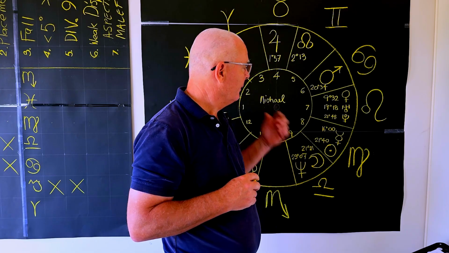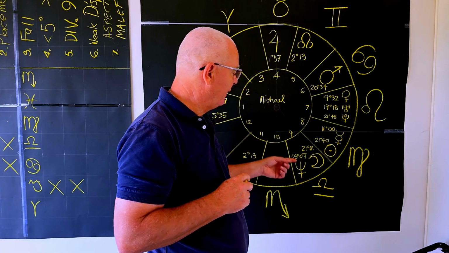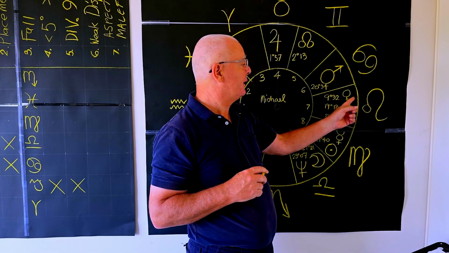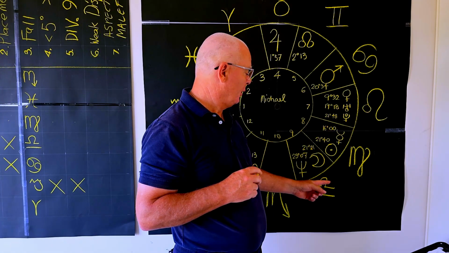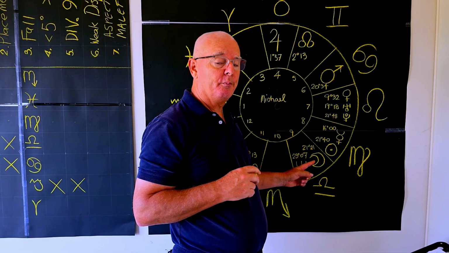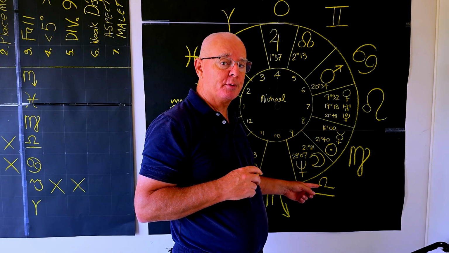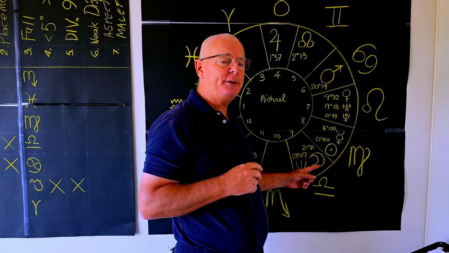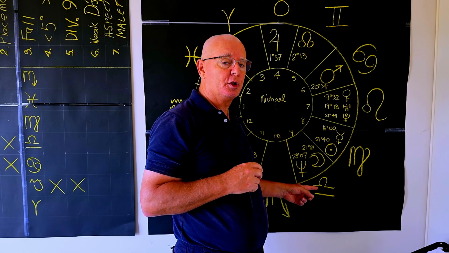But here we come to the fact that Venus's only weakness is that it has a weak dispositor. So Venus is the dispositor for the Moon. Because the Moon's in Libra, the ruler of Libra is Venus. So the Moon depends upon Venus in order to be strong.